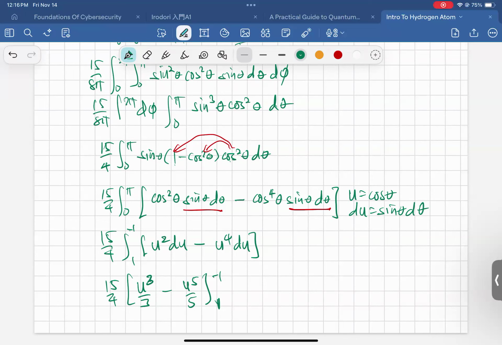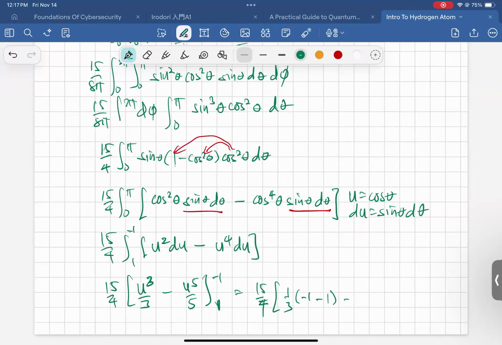Baka pwede na natin i-diretso. So, negative 1. Tingnan natin. So, may 1/3 and then negative 1. Okay, tama, no? Negative 1.